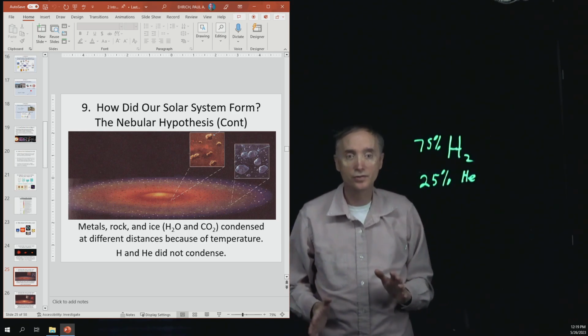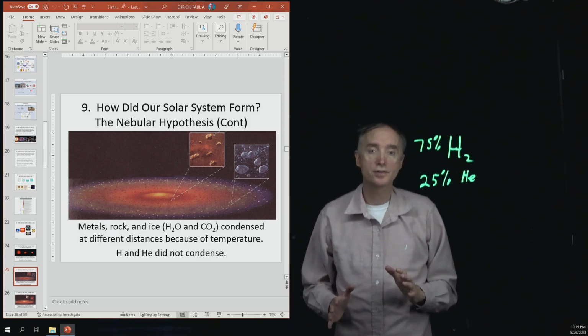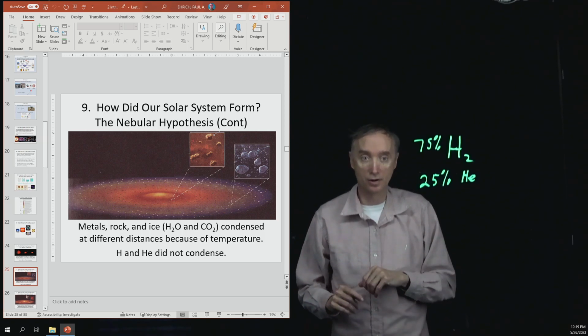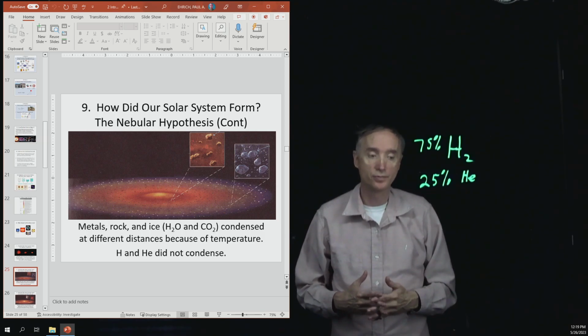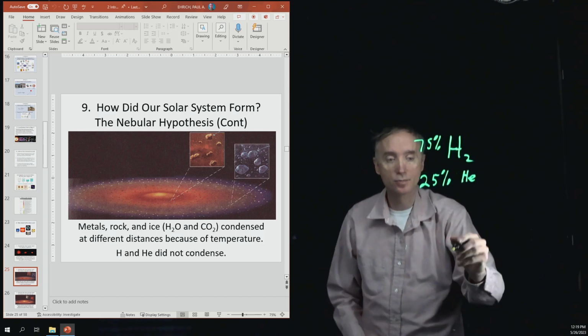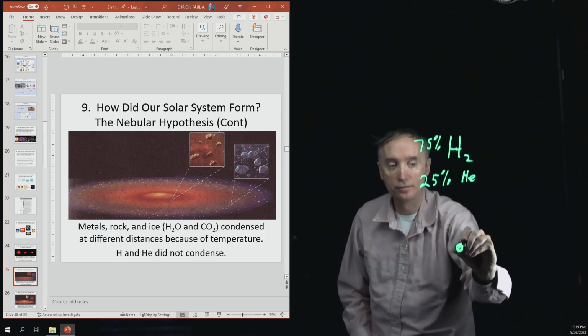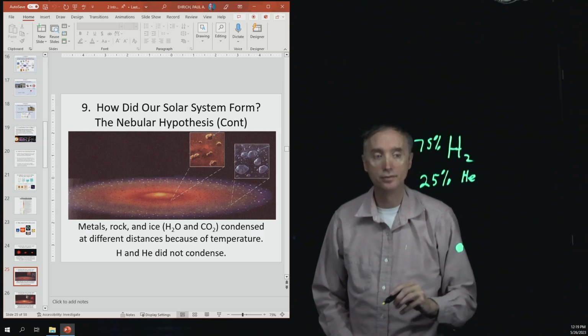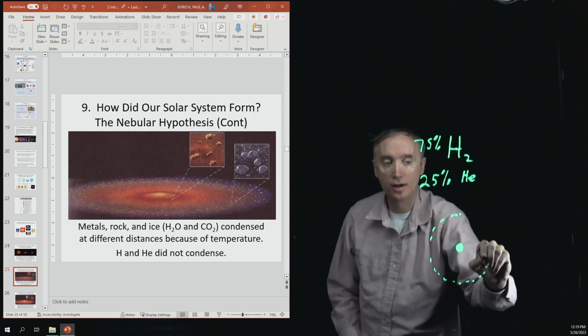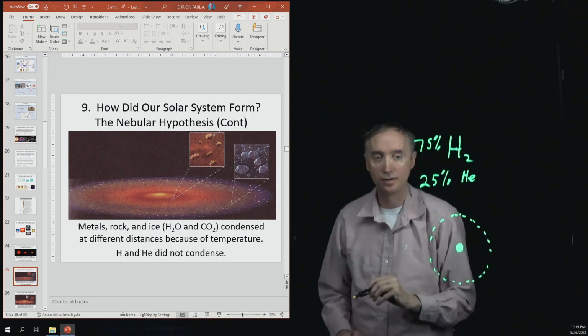But we're not really interested in the sun part. We're interested in what happened to the disk part. So that's going to become the solar system. So what starts to happen is that, let's pretend that this is where the sun is at, and it's starting to get hotter. A certain region starts to develop around it, and we're going to call this the ice line.